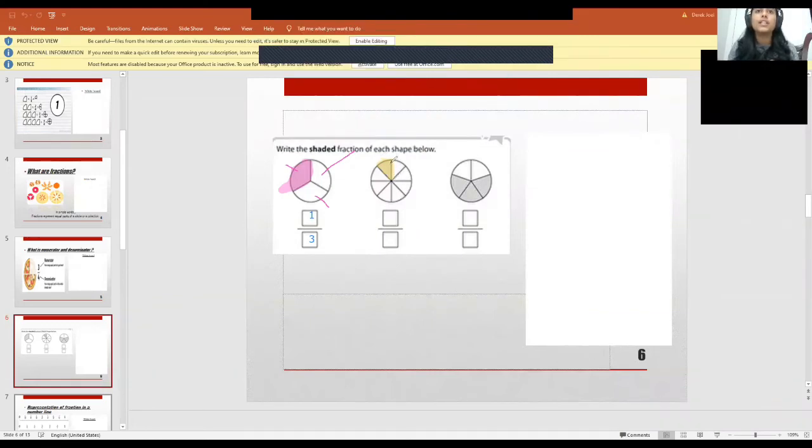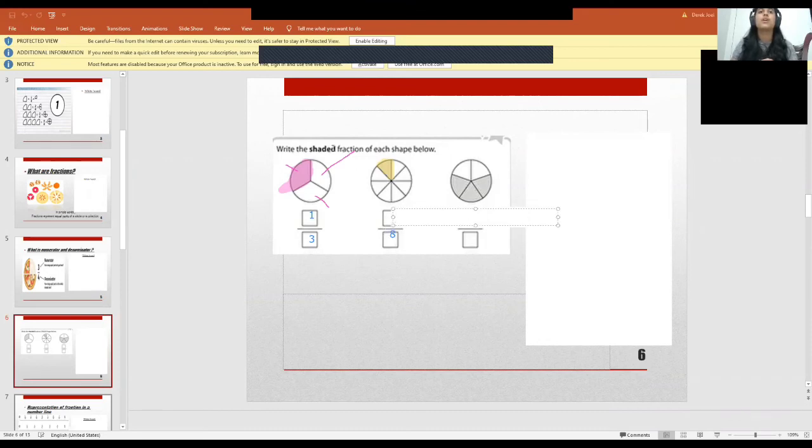You have 1, 2, 3, 4, 5, 6, 7, and 8. So you have 8 equal pieces. The total number of pieces, we're going to write it down here.